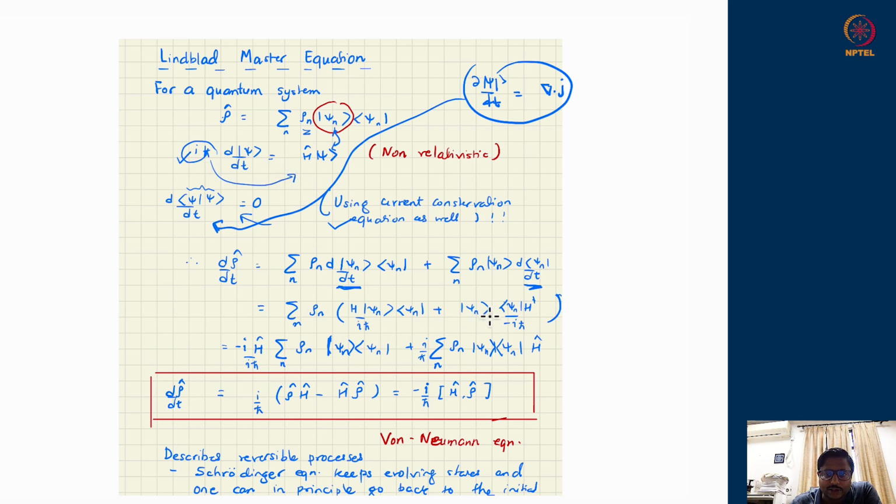Similarly, for the other term, when I have a d psi n upon dt of the bra psi n, I will take Hermitian conjugate of this equation, and I will obtain minus iota h bar this time, because I have taken a Hermitian conjugate, and h dagger acting on psi n, and since h is a Hermitian operator, h dagger is equivalent to h as well. So the second term will also become, with a minus sign, psi n outer product psi n and h.